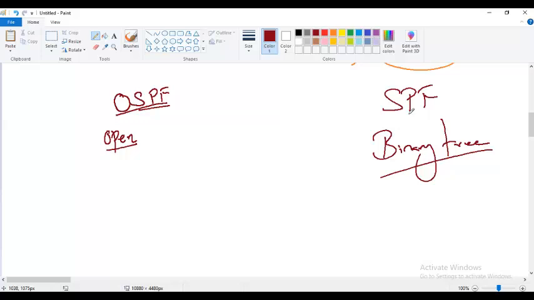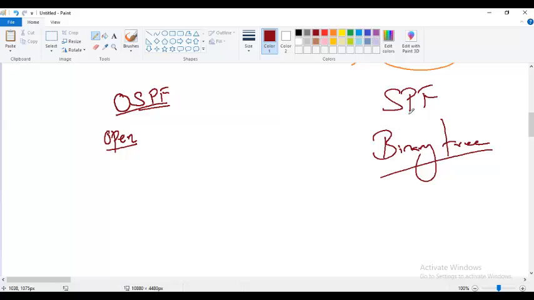So OSPF is a routing protocol. SPF is just an algorithm used there. So Dijkstra has got no direct connection to this OSPF routing protocol. OSPF is an industry standard routing protocol.